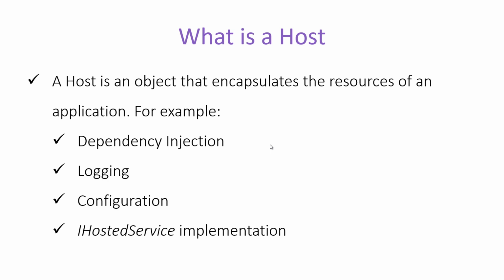Now here in .NET Core, you will see everything is inbuilt. And why is this inbuilt? Because of the host builder. So we have to include the host builder into our application to get access to these features. Besides these features, the host builder also provides lots of things to our application. Let's understand all these things.